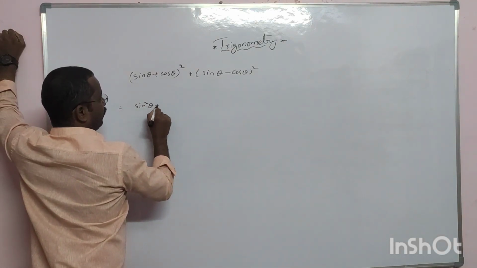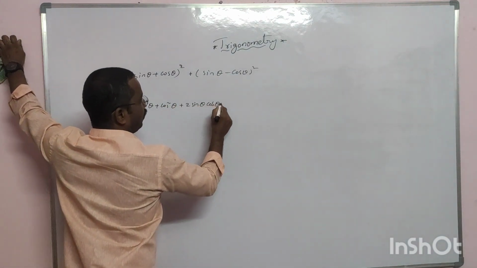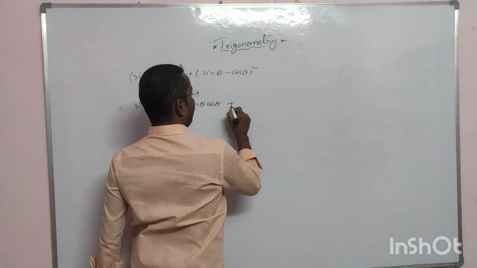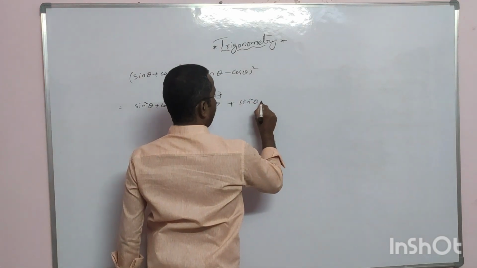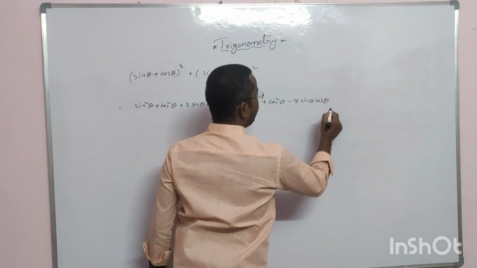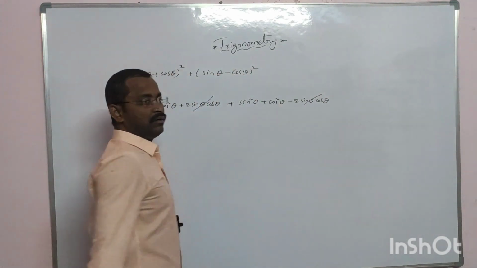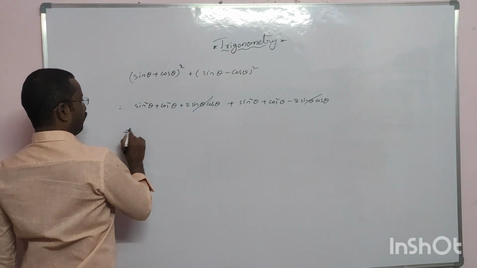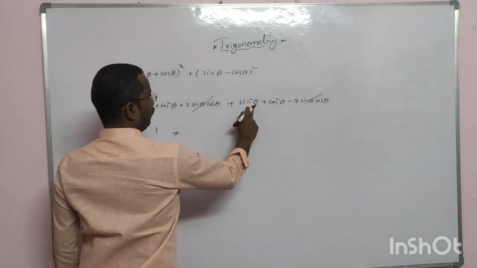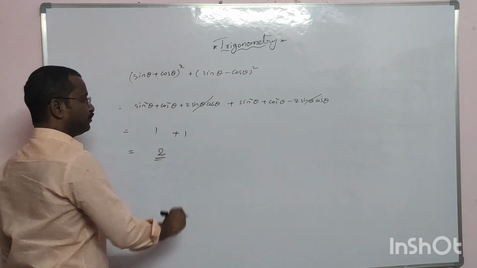So sin square theta plus cos square theta plus 2 sin theta cos theta, because a plus b whole square is a square plus b square plus 2ab, and here a square plus b square minus 2ab. 2 sin theta cos theta and 2 sin theta cos theta cancel. So what you have here is sin square theta plus cos square theta, which is 1 according to the identity. Again sin square theta plus cos square theta, again 1. So 1 plus 1 is equal to 2.